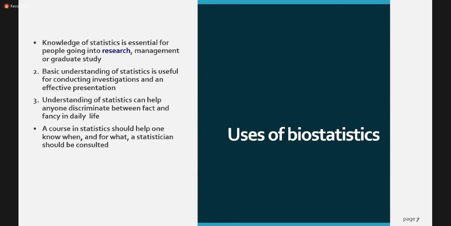So statistics is like a knife. You can use that knife to harm your research study, or you can use that knife to make beautiful pieces and tailor it according to the needs of your research study.